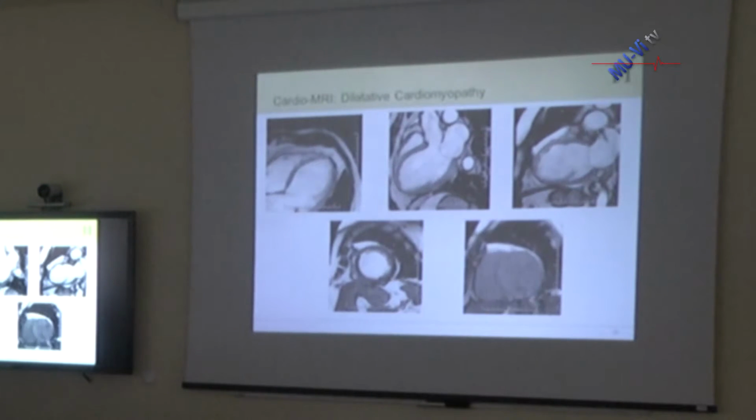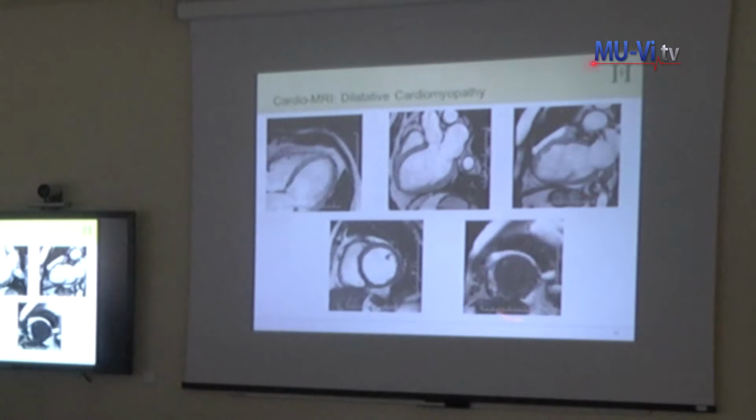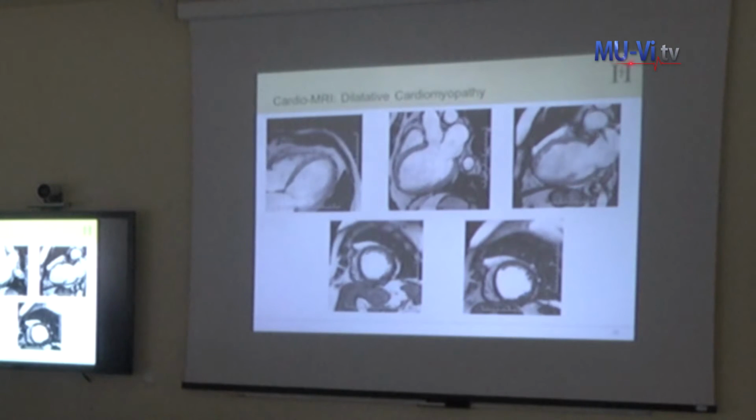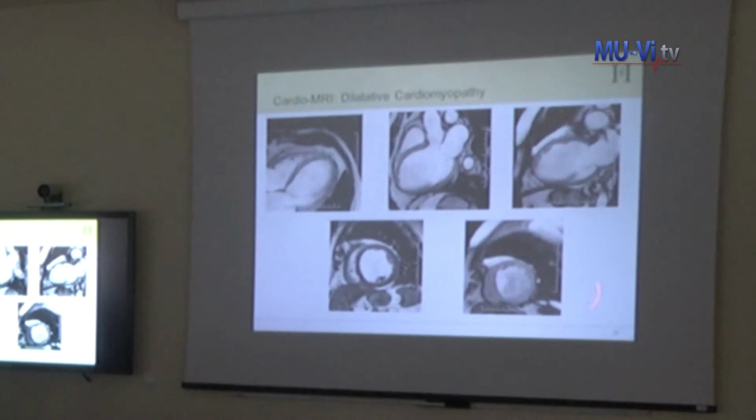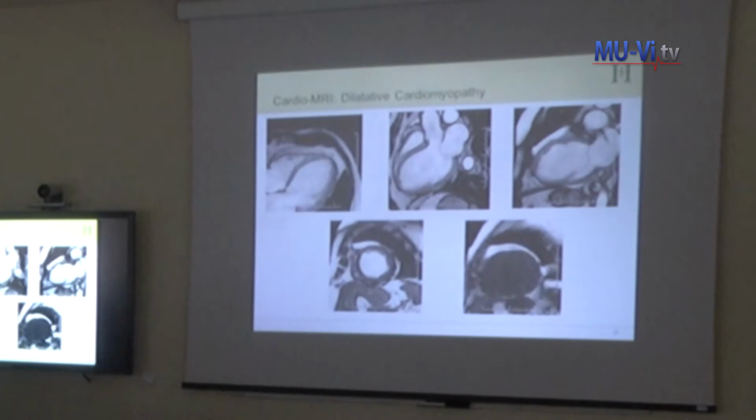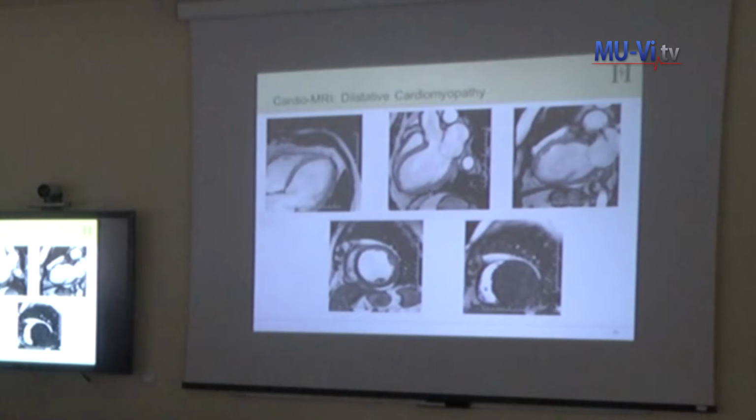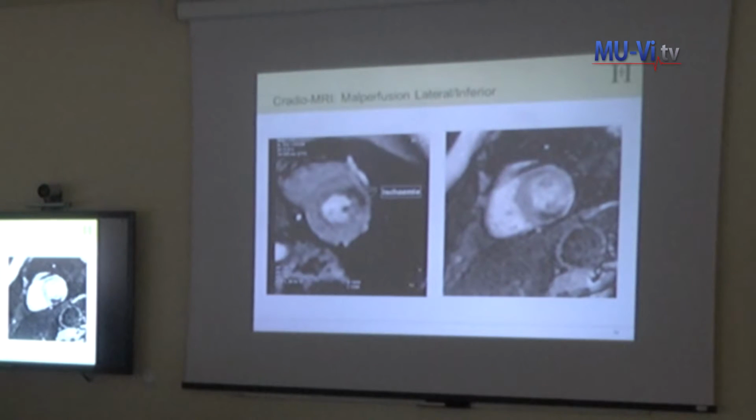And on the left-hand side, I made a perfusion, a stress perfusion. I didn't see any coronary heart disease, but of course, this patient has to go to a cath lab as well. So what we can do in cardio MRI is to see whether a patient has a right perfusion of the coronary arteries or not.